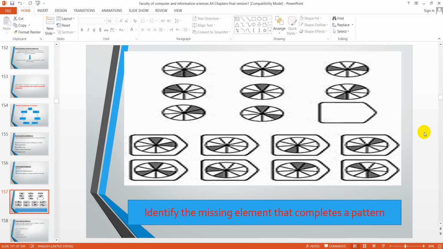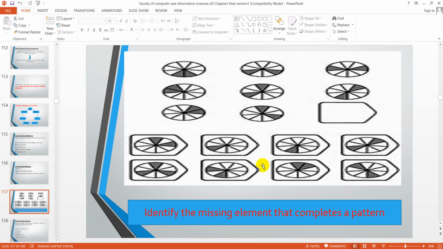Identify the missing element that completes a pattern. Do you remember the meaning of pattern which we introduced before? A pattern is a spatial or temporal arrangement of separate elements to make a complex whole. Now try to guess the answer. Try to identify the missing element that completes a pattern.